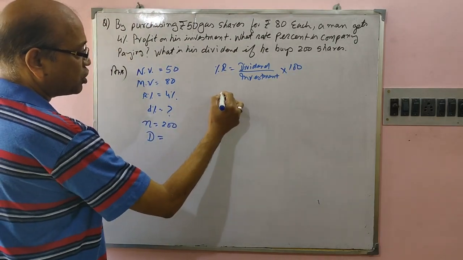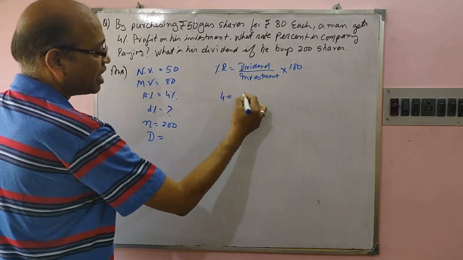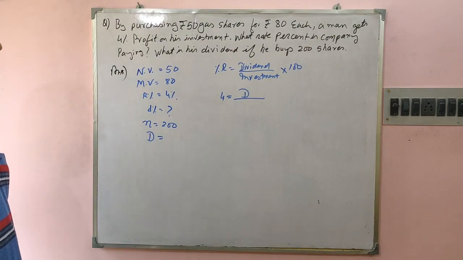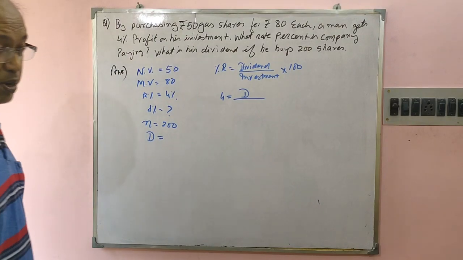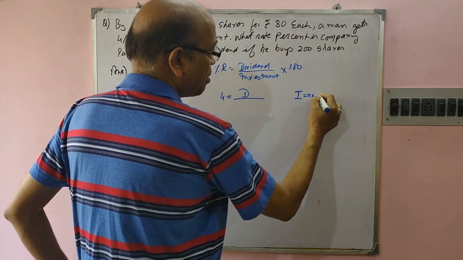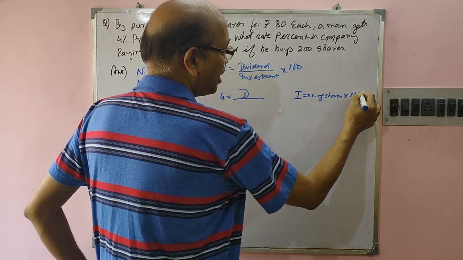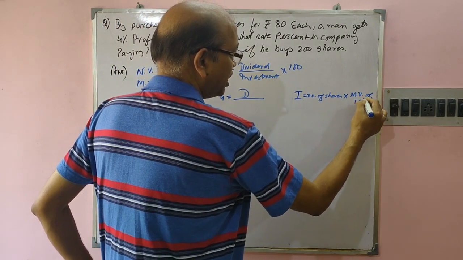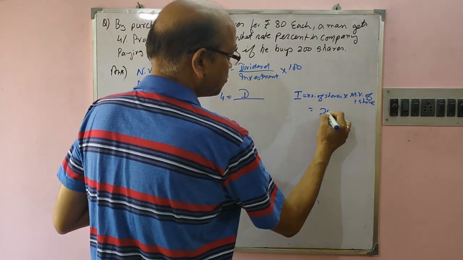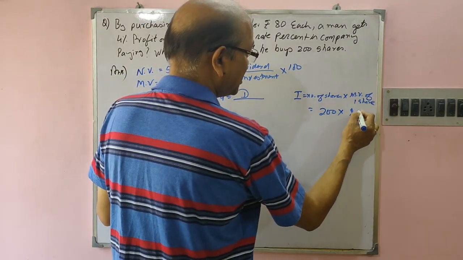Now return percent is 4%. 4 is dividend by investment into 100, but I have to find out the investment. Can we find the investment? Yes. Investment is number of shares into market value of one share. So number of shares was 200 and market value of each share was 80.